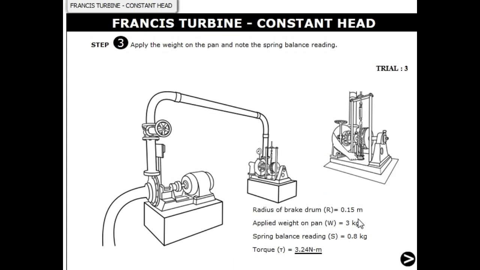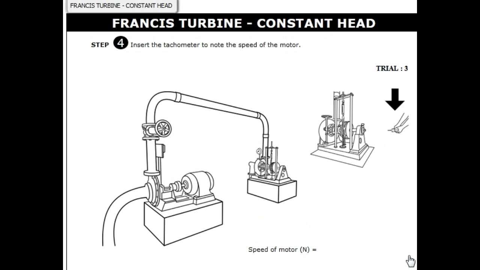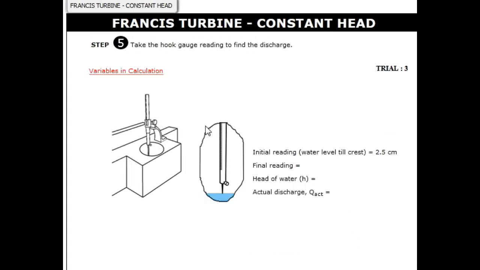The torque is 3.24 Newton meters. The speed was earlier 1750 rpm, in the second trial it was 1630 rpm, and in the third trial it came to 1500 rpm. Initial reading is 2.5 centimeters, and the final reading gives a head of 8 centimeters.